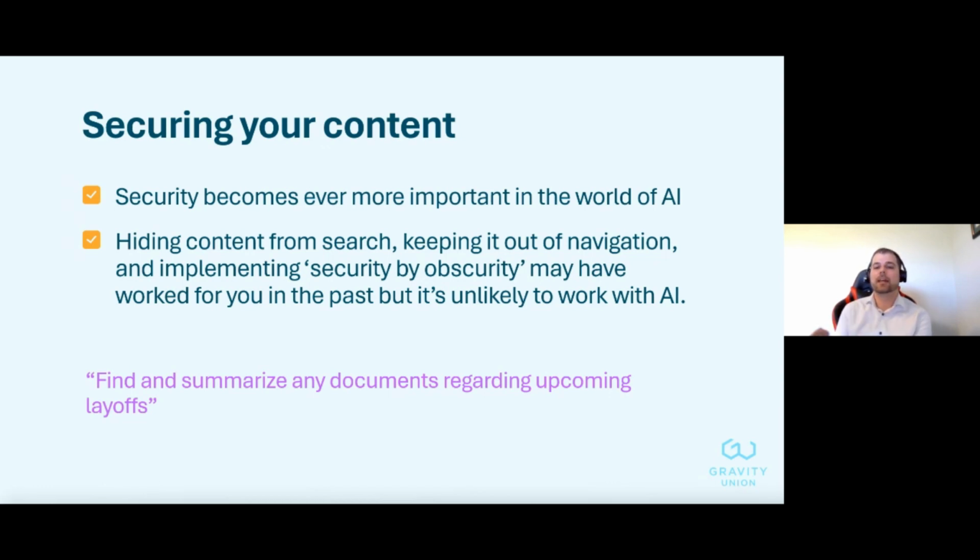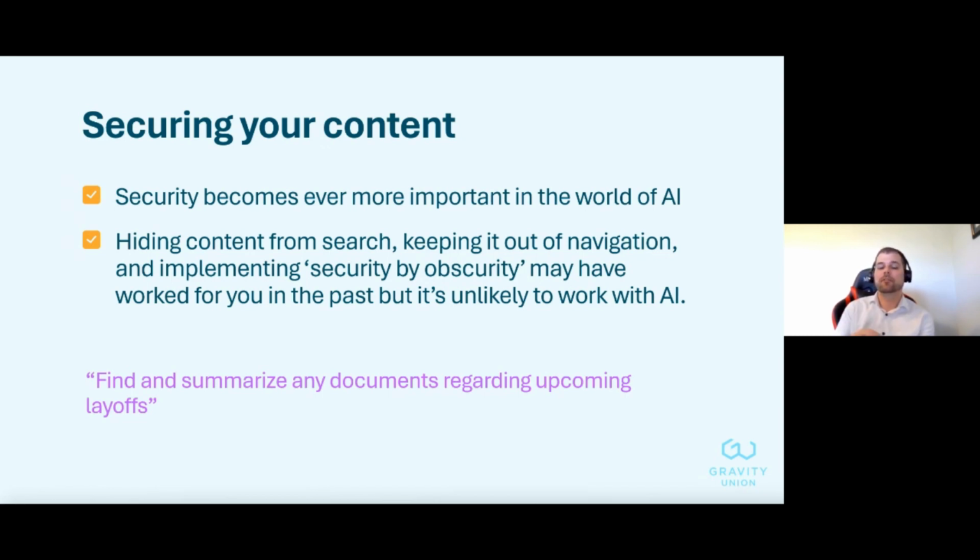So if I ask a Copilot or a ChatGPT that potentially has access to my business content to find and summarize any documents regarding upcoming layoffs, and we've simply tried to hide that content, it's not actually secure. We're more likely to get a response that gives us all the detail and information.